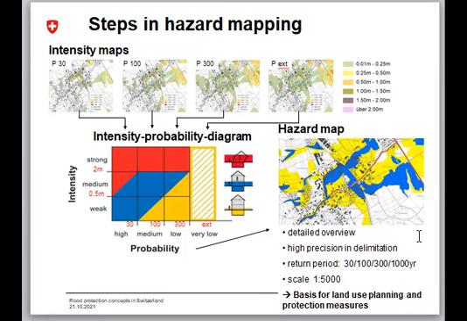It's not so exact there anymore. The scale that we usually use in Switzerland is 1 to 5,000. And it's the basis for land use planning and also for all the protection measures we take in action.